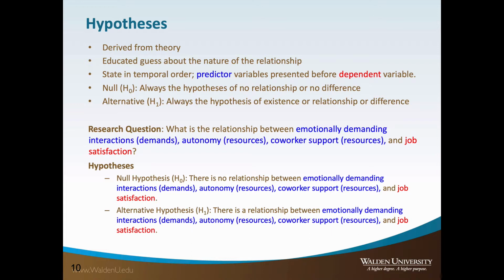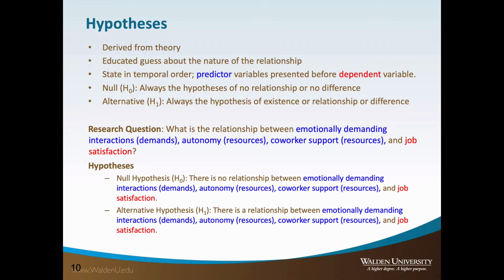For example, a researcher might hypothesize that emotionally demanding interactions, which is a job demand, and autonomy and coworker support, which are job resources, can predict job satisfaction. So you can see the relationship between theory and hypotheses. Again, the constructs identified in the hypotheses must be derived from the theory. This is a very important concept to remember.